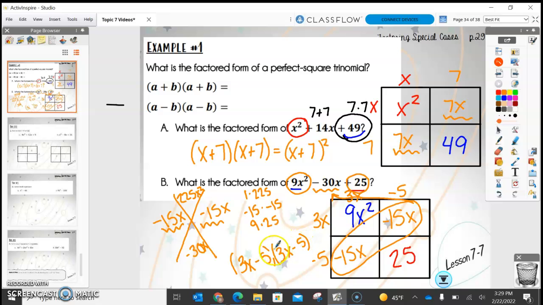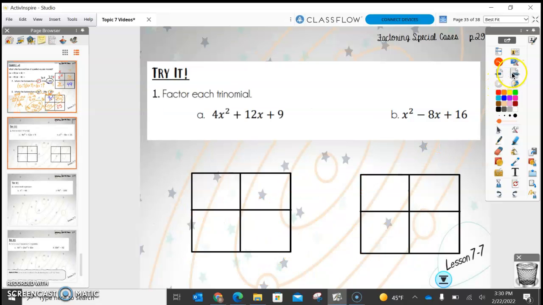Those would be my factors, which I could also write as 3x minus 5 quantity squared. Down here's my final answer. It's always okay to go back to your regular factoring method and use your diamond here. It's just that this was a really big number. If you could see the pattern, you'd be able to factor it maybe a little bit quicker.